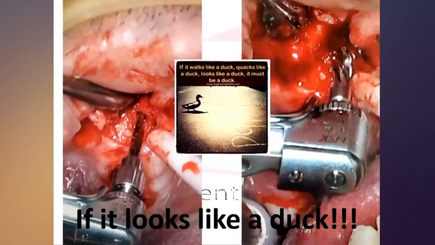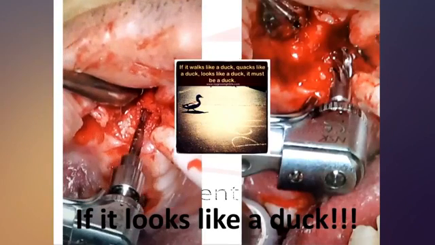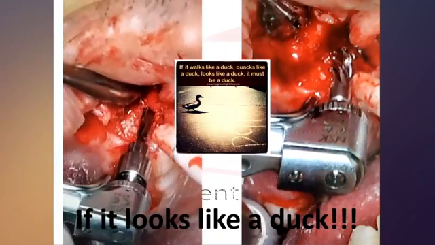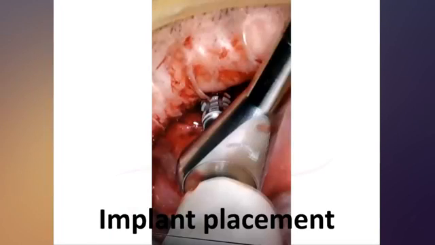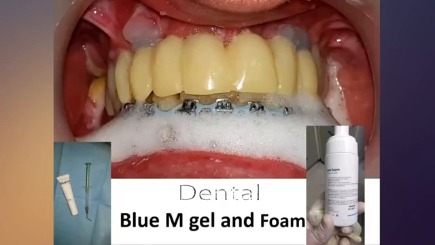But what was important for me was to see that this bone at 3 months has the aspect of a normal bone. As you can see, this sticky tooth is doing very well. And I was able to place my implants.